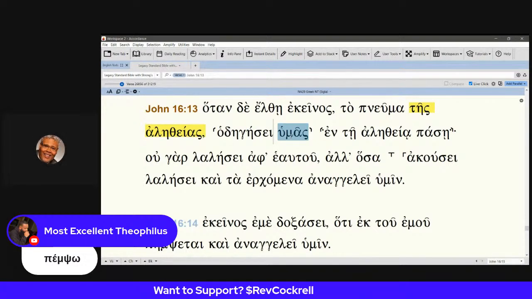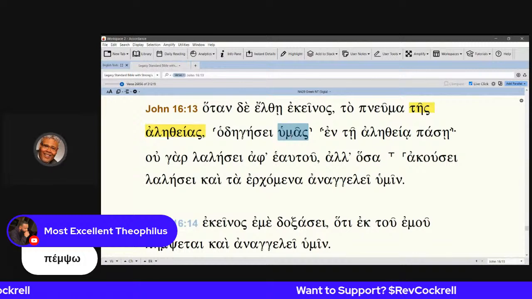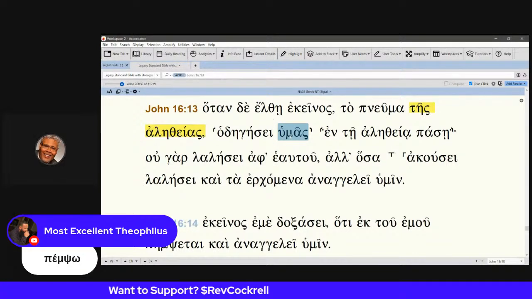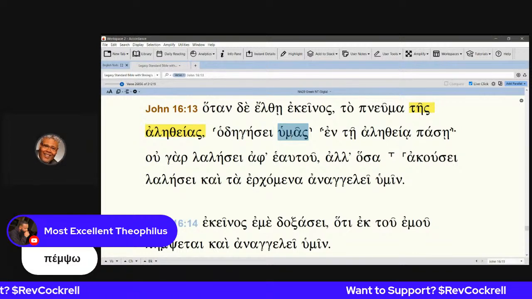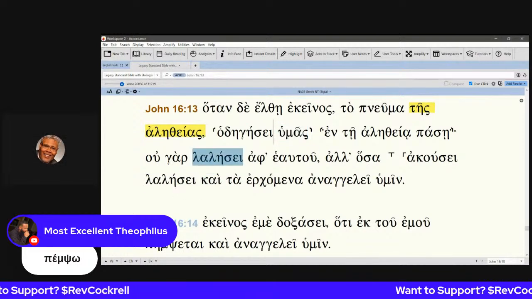So as we see here, here's hodegesei. Sigma's added, so we know it's future tense. It keeps the same active endings, third person singular. He, she, or it will lead, will guide.